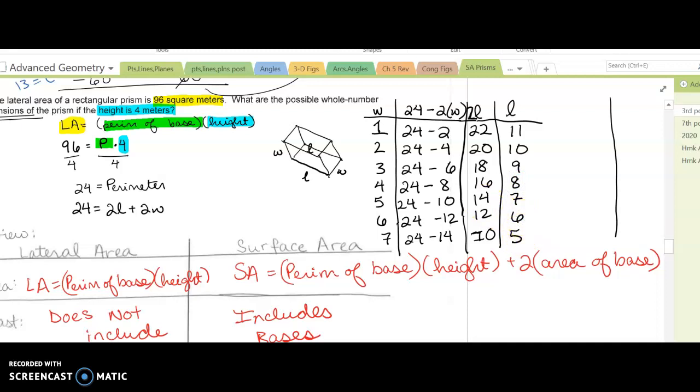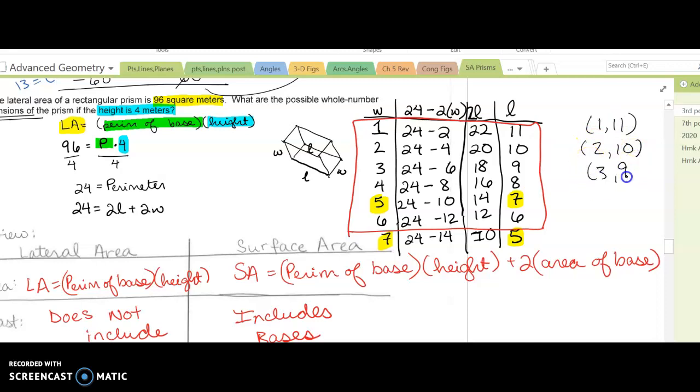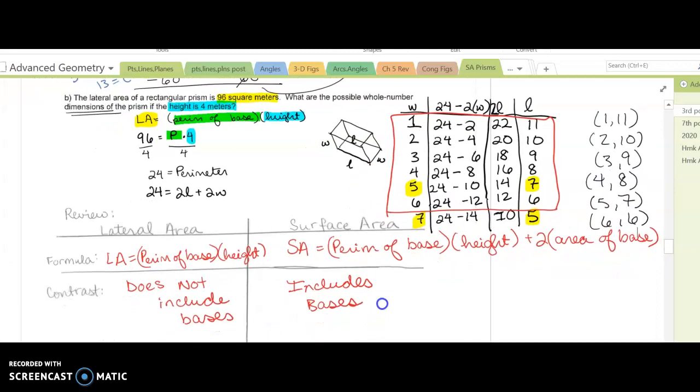And at some point here we started to repeat, because look, I got 7 and 5, but I also have 5 and 7. So I think right here, these are our combinations that we could possibly have. We could have 1 and 11, 2 and 10, 3 and 9, 4 and 8, 5 and 7, or 6 and 6. And those are absolutely reversible.